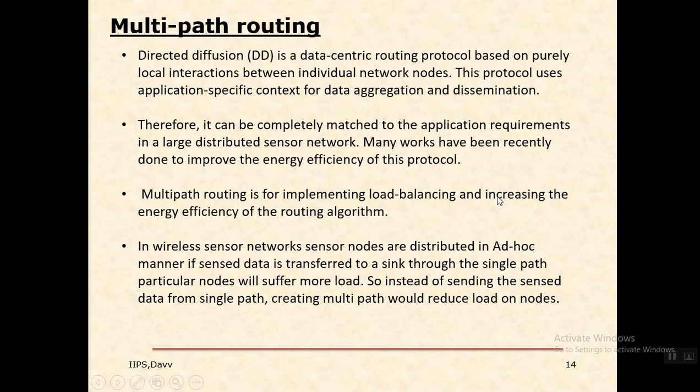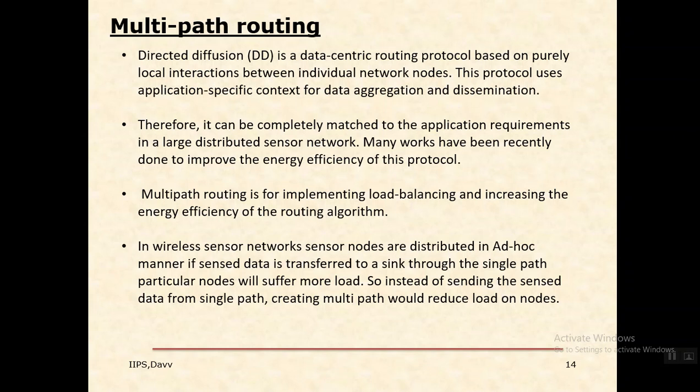Multipath routing. Directed diffusion is a data-centric routing protocol based on purely local interaction between individual network nodes. So it can easily match the requirements of applications which have largely distributed sensor networks.